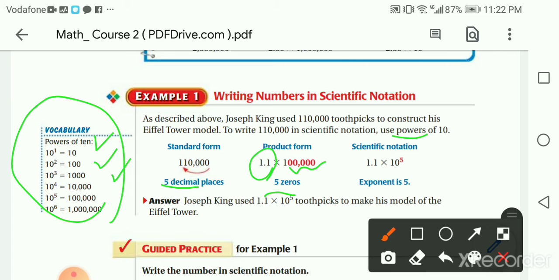When I want it in the form of scientific notation, it is 1.1 times 10 to the 5th power. Why 5 zeros? 5 zeros, 5 decimal places. So Joseph King used 1.1 times 10 to the 5th power toothpicks to make his model of the Eiffel Tower.